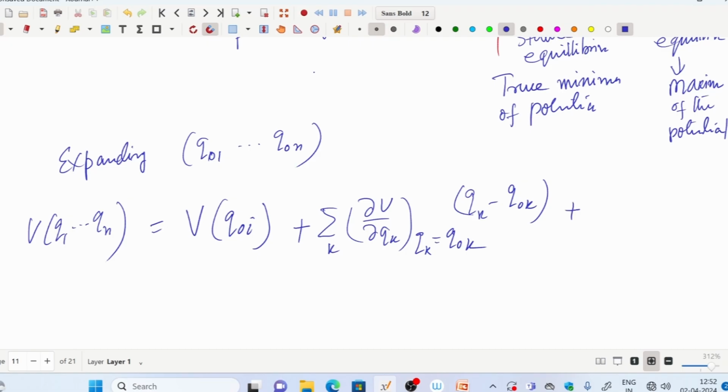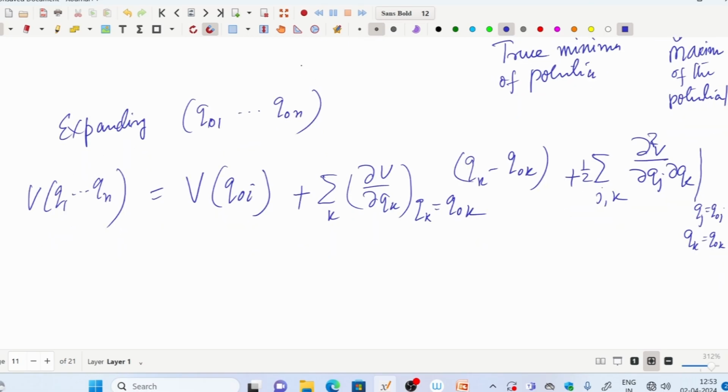Now, the second term will be the double derivative, so half, sum over j and k, of del 2 V del q j del q k, calculated at q j equal to q 0 j and q k equal to q 0 k, times q j minus q 0 j times q k minus q 0 k.